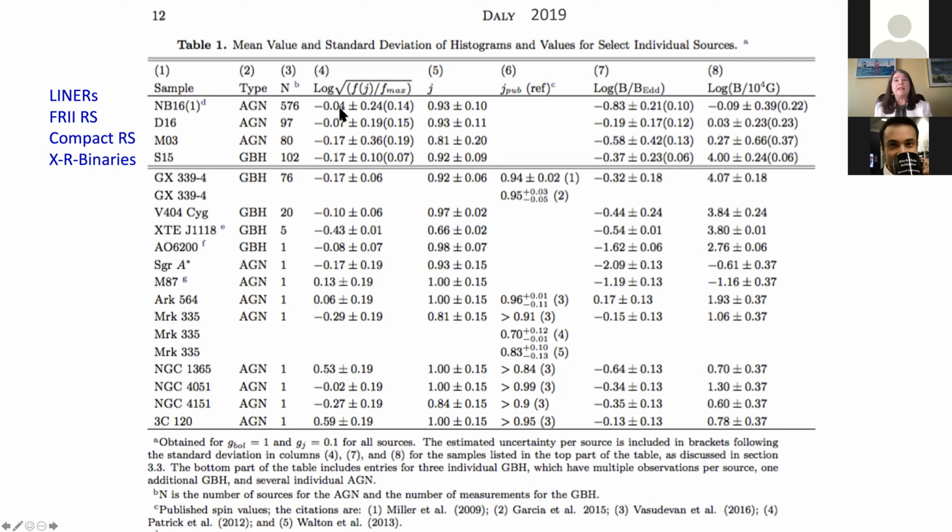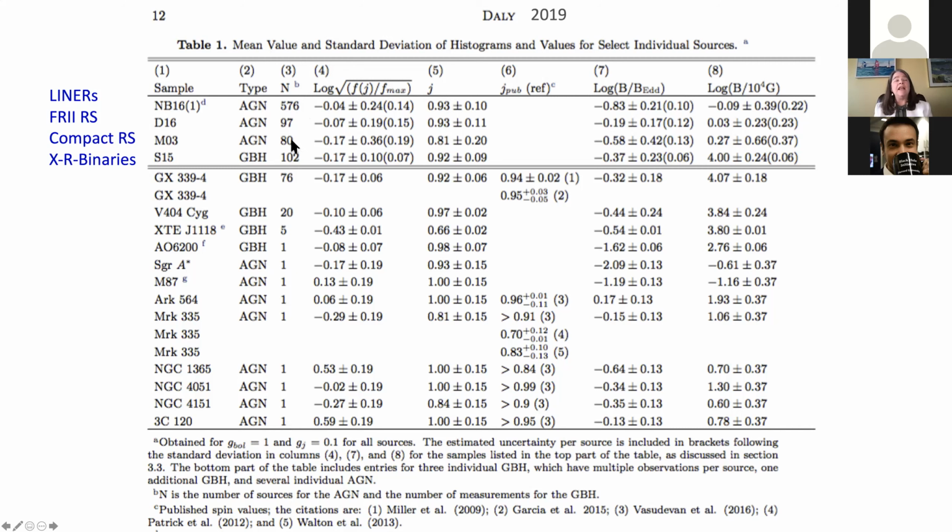What happens when we map from capital F to J is that anything with a value of capital F greater than 1 got mapped to a spin of 1, which pulls down the overall mean value of spin for that sample. Interestingly, on our original figure of L_J over L_bol versus L_bol over L_Edd, there's almost no overlap between where the LINERs fall and the FR2s fall on that diagram.